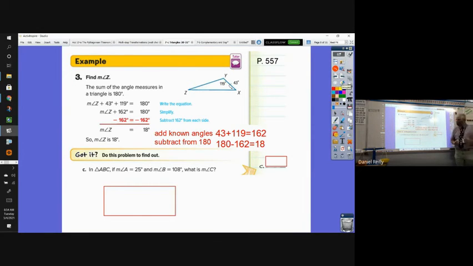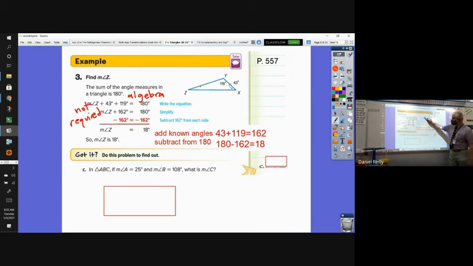The book does this with a long algebra equation. Okay, this is the algebra way to find this answer. You do not have to do this. Okay, not required. Instead, my method for doing this is add up the 2 angles that you know. 49 plus 119 is 162.